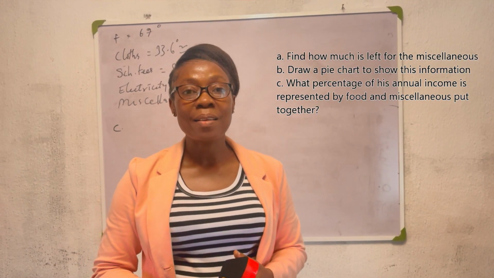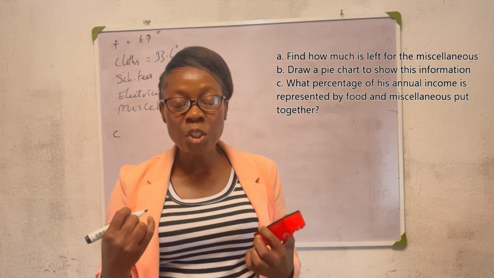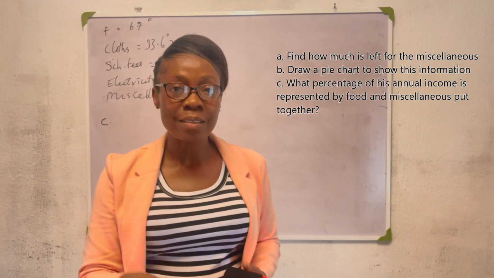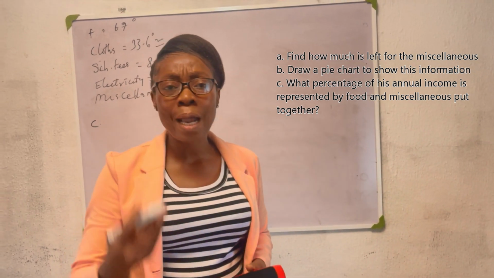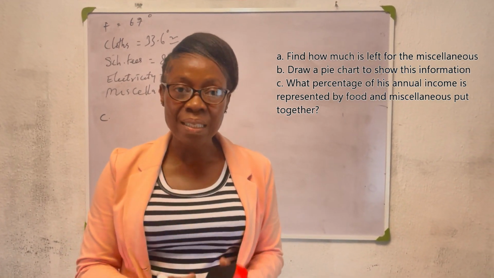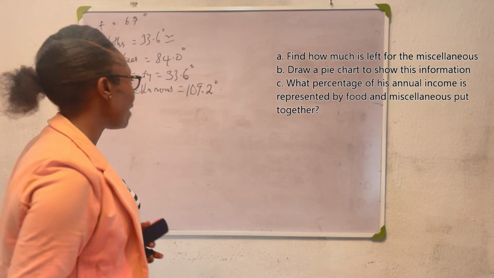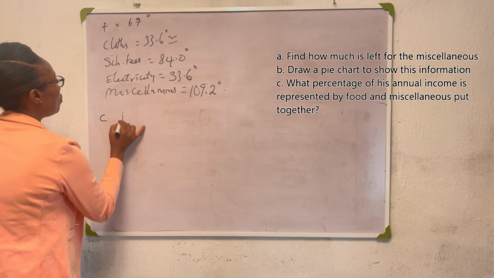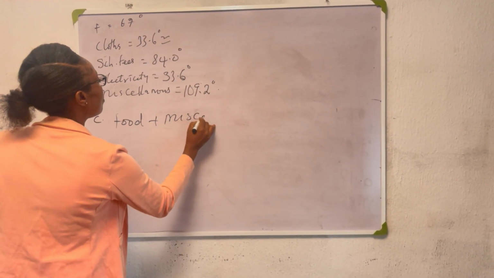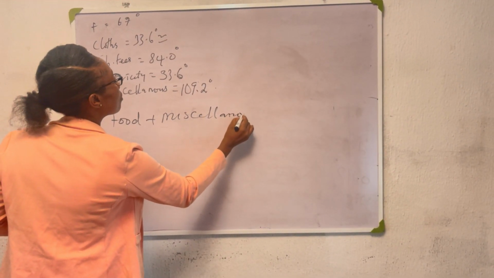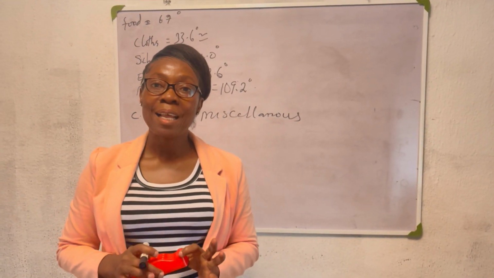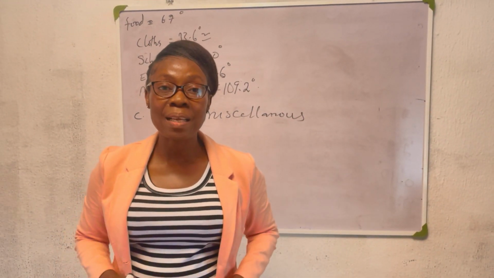Let's go to C. C said, what proportion represents food and miscellaneous put together? So we can simply go to the angle representing food, add it to the angle representing miscellaneous, and you have your answer. Let's try it. Food plus miscellaneous is equal to, what's the angle representing food and the angle representing miscellaneous?